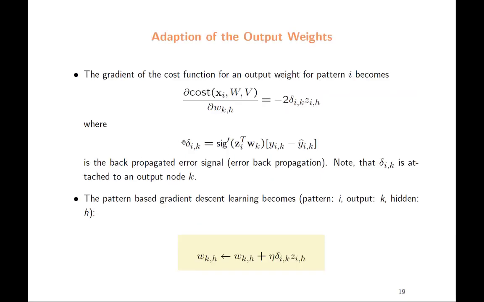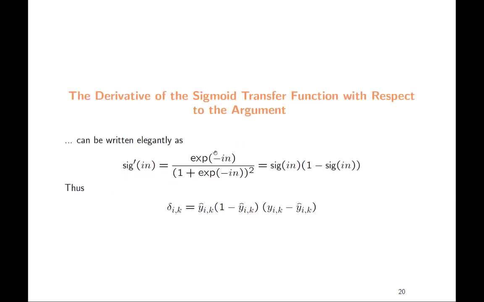Here we don't have the sigmoid, but the derivative of the sigmoid with respect to the argument. And if you apply the formulas for taking derivatives, you have to take this term to the square in the denominator, and then multiply it with the derivative of this term, which is the same, because if you apply the gradient, the exponent stays the exponent. And this can now be written as a sigmoid of the input times 1 minus the sigmoid of the input.